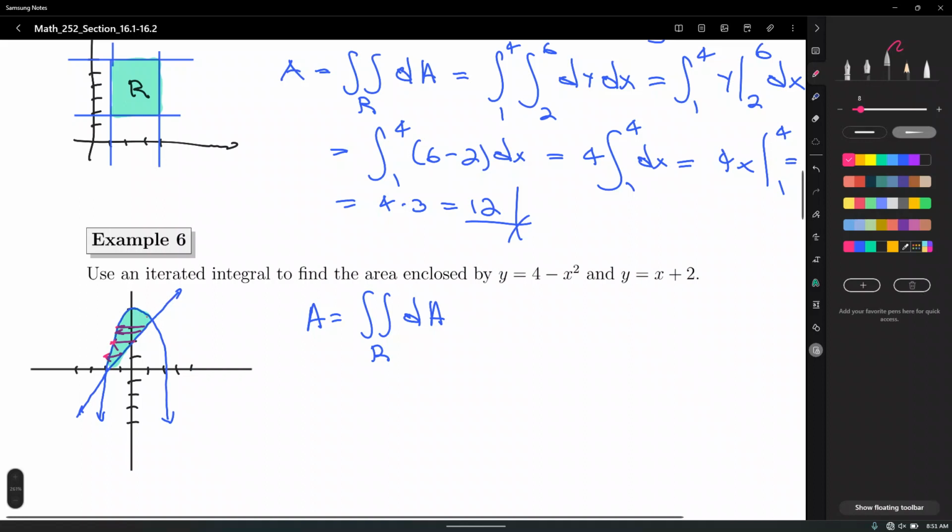It's rather half of the parabola, and then the other half of the parabola to the right. So that makes it not horizontally simple. What would you have to do? Set up 2 double integrals, and you don't want to set up 2 double integrals, and also I don't think you want to solve those equations and get them in terms of y. No, you don't want to do that. All right, so let's keep it vertically simple instead.